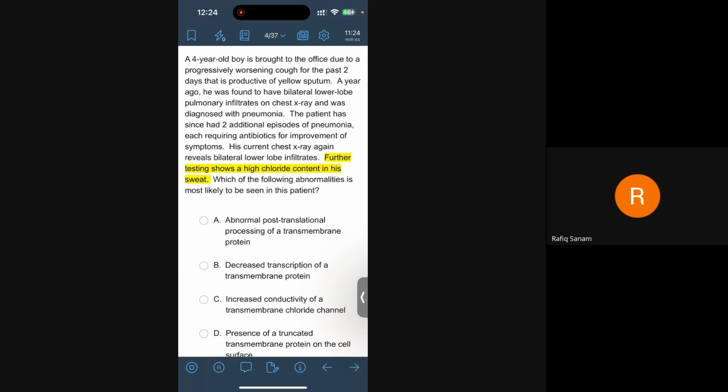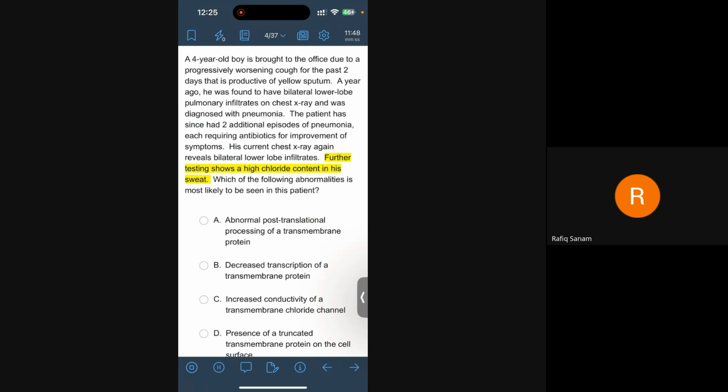A four-year-old boy, past 2 days worsening, productive of yellow sputum. Recent infections: a year ago, he was found to have bilateral infections which were diagnosed as pneumonia.